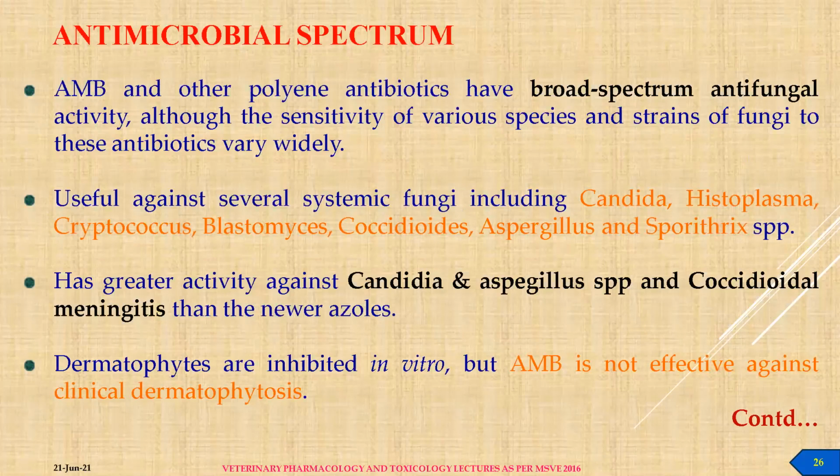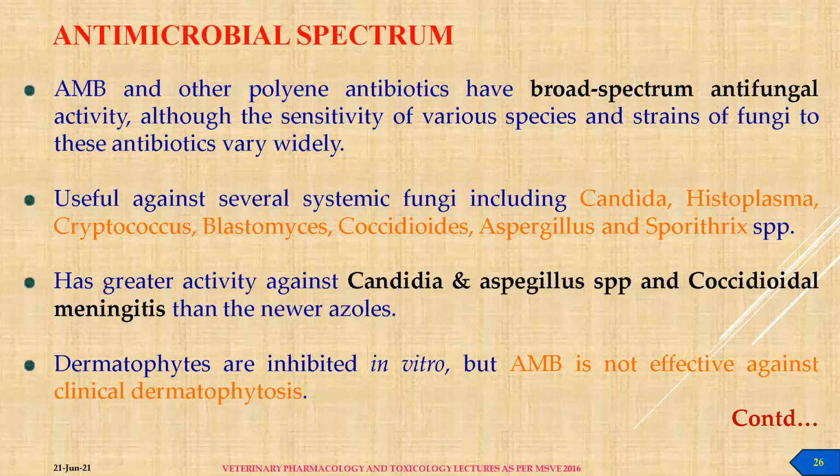That is the advantage of these agents, although the sensitivity of various species and strains of fungi to these antibiotics varies widely from one agent to another. It is useful against several systemic fungi, including Candida, Histoplasma, Cryptococcus, Blastomyces, Coccidioides, Aspergillus, and Sporothrix.